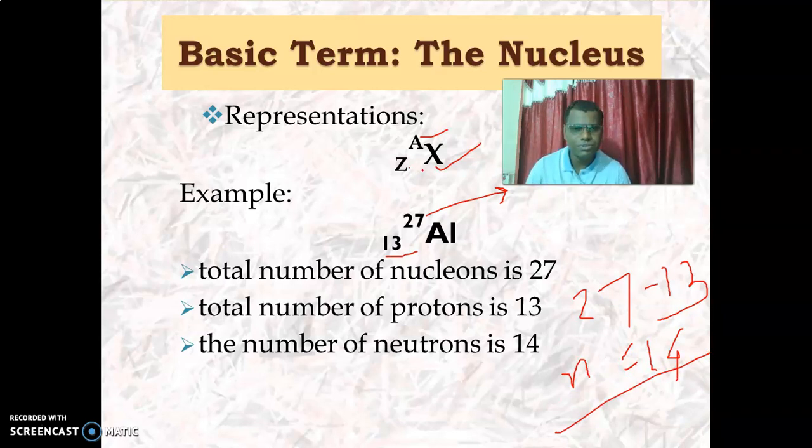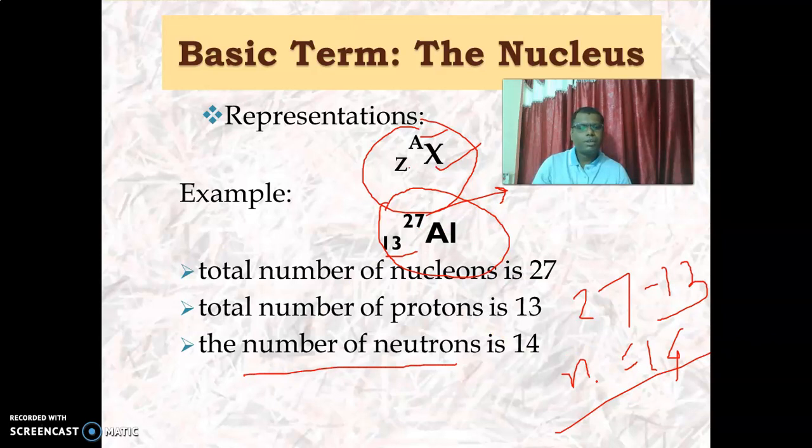From this way of representation, with this example, we are able to calculate the number of protons from the atomic number, and protons and neutrons together from the mass number, and the number of neutrons can be calculated by subtracting the atomic number from the mass number. So 14 is the number of neutrons present in the nucleus of aluminium, 13 is the number of protons, and 27 is the sum of these two.